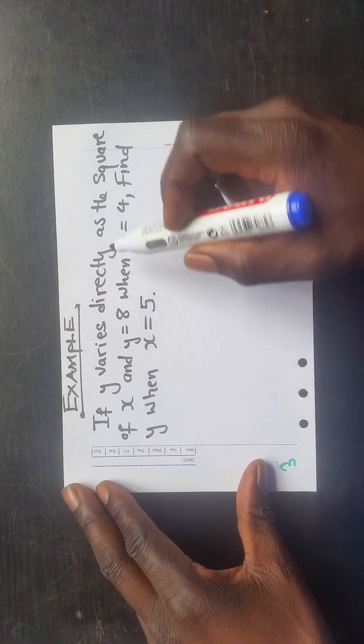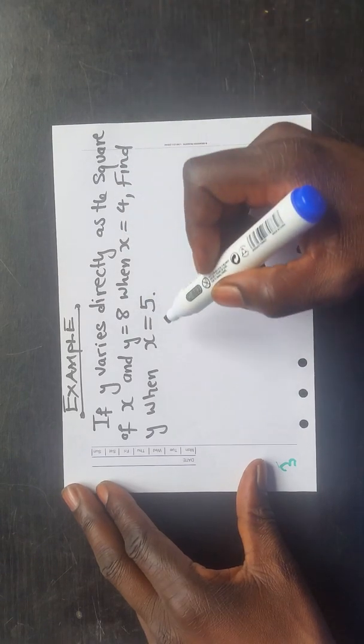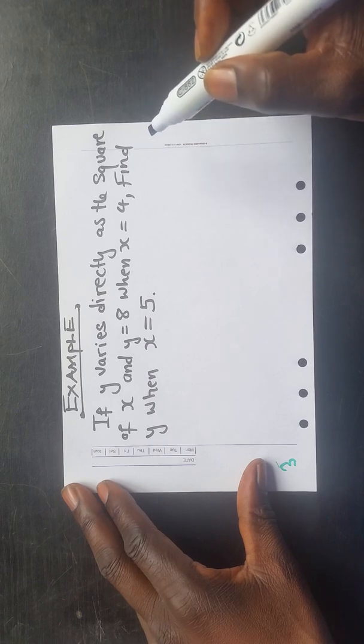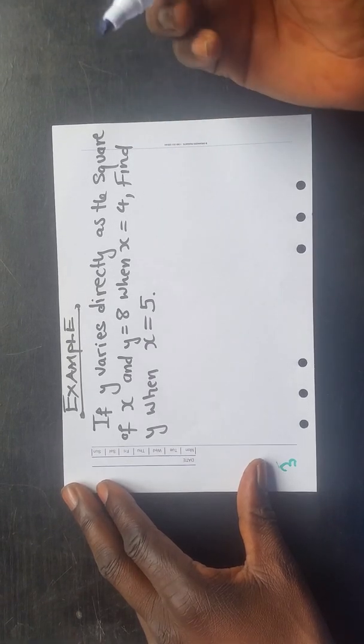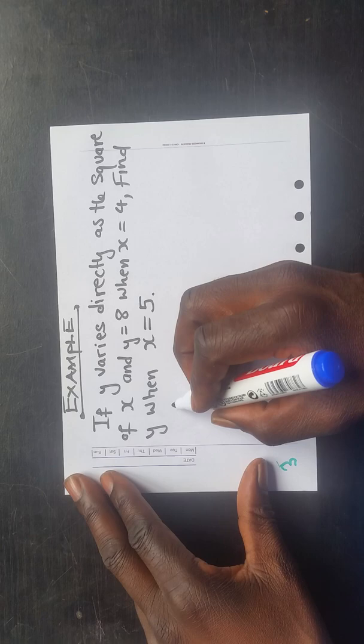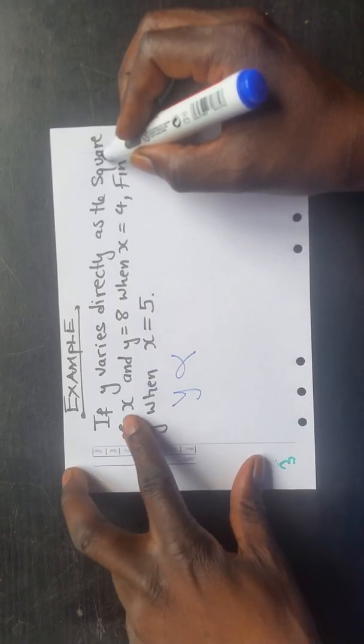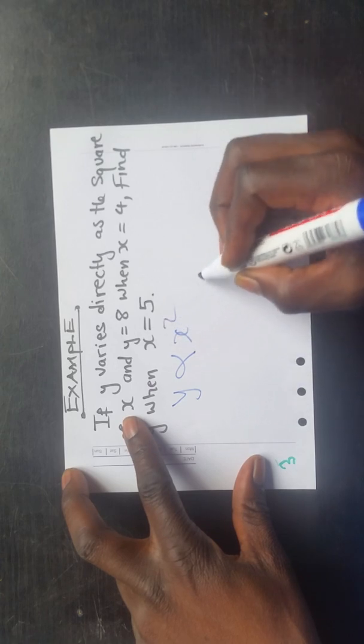If y varies directly as the square of x and y is equal to 8 when x is equal to 4, find y when x is equal to 5. So y varies directly as the square of x, it means x squared.